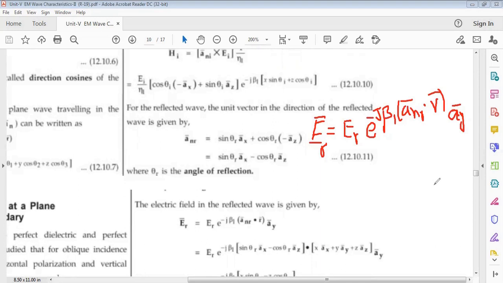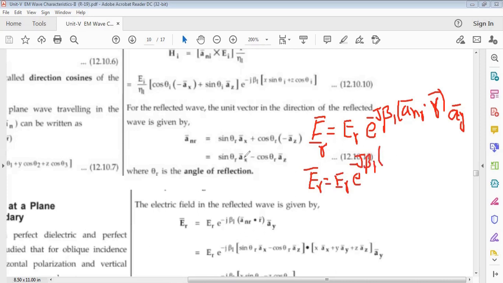X is the boundary surface, and for the boundary, the ER is parallel, while for the incident beam, the electric field is perpendicular. Okay, AY bar. So ER bar is equal to ER into e power minus j beta 1 into ANR dot R bar.